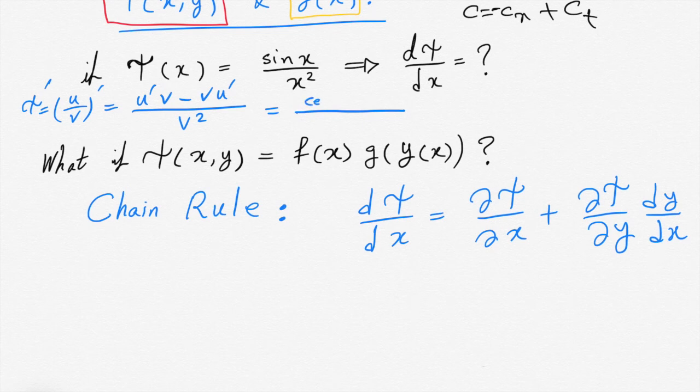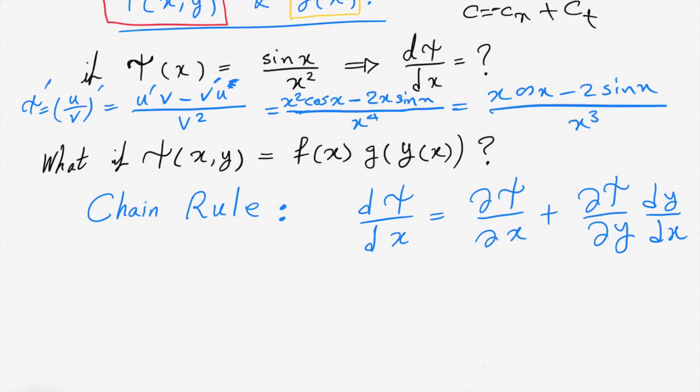Therefore it's going to be sine of x, derivative will be cosine of x times v minus v prime, times u, which is 2x sine of x over x^4, right? So this is going to be x cosine of x minus 2 sine of x over x^3.